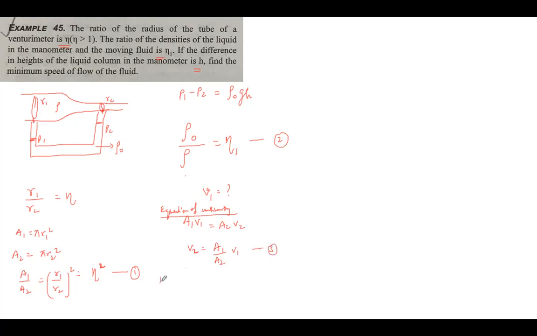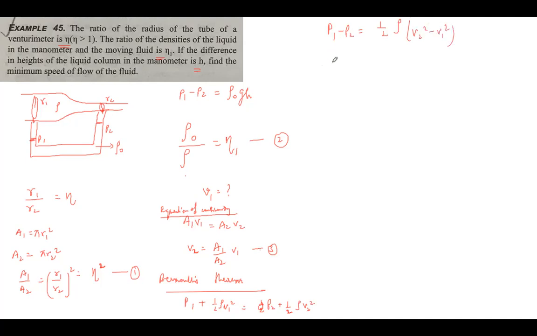And by Bernoulli's theorem, P1 plus half rho V1 square is P2 plus half rho V2 square. So you will get P1 minus P2 is equal to half rho, V2 square minus V1 square.